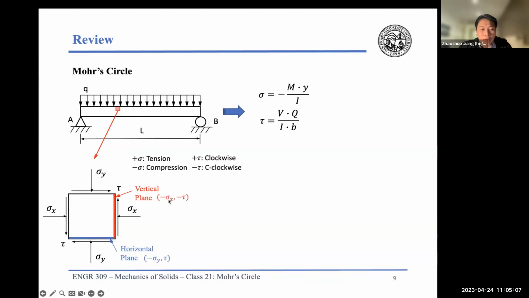We identify the stresses on the vertical plane and horizontal plane using the sign convention that we talked about.